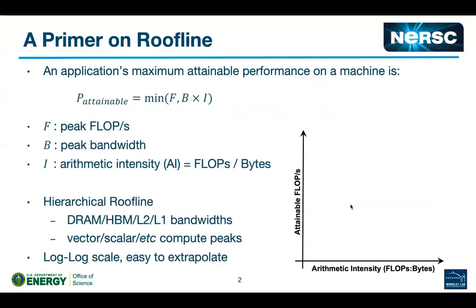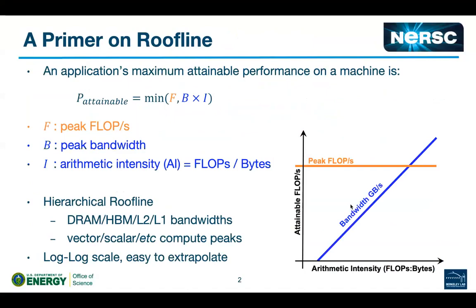So if anybody has never heard of Roofline, this is a 20-second intro. When you think about performance bounds, you may be thinking about the peak flops, and that may not be true always. Here, an example would be when your code is bandwidth bound. In that case, you'd never reach the peak flops.